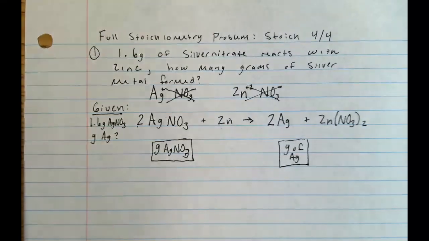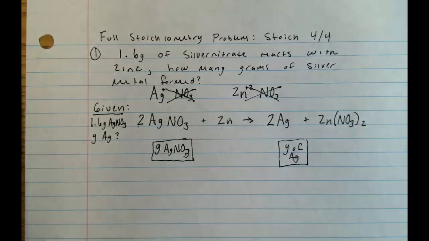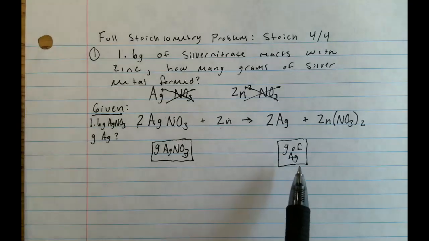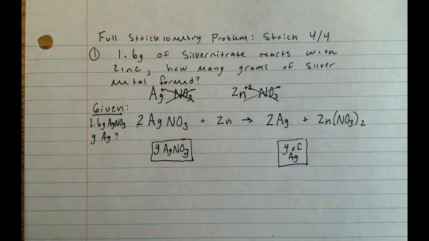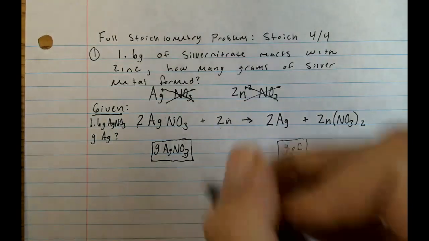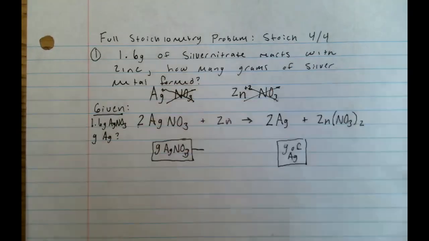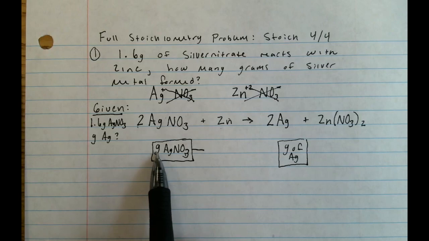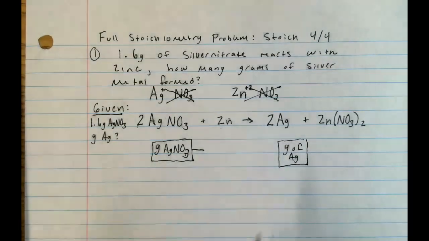What you should be thinking at this point is I have grams of one substance, and I'm trying to get to grams of another substance. The only way to convert from one species to a different species is by using moles. So your very first step needs to be to convert from grams of AgNO3 to moles of AgNO3.